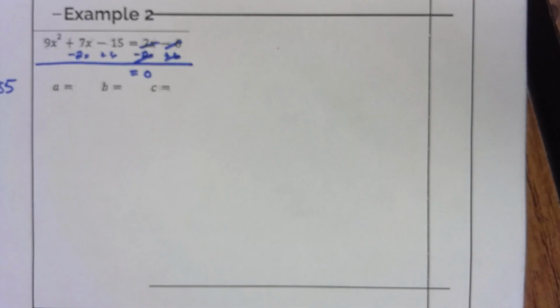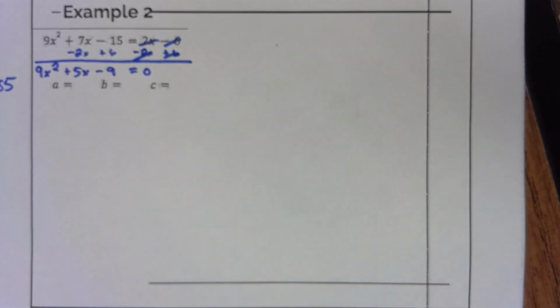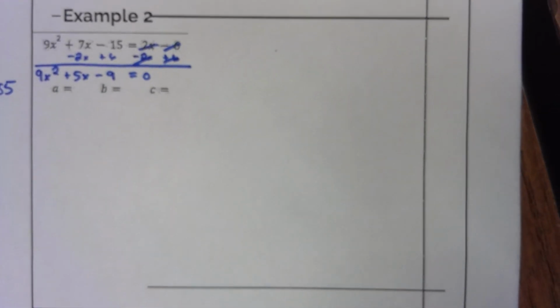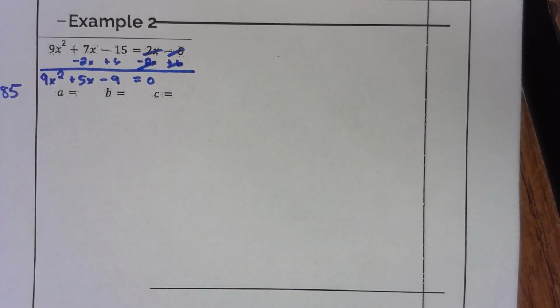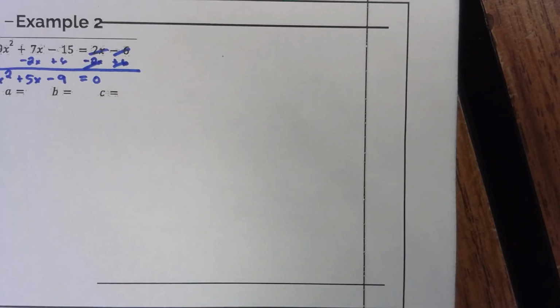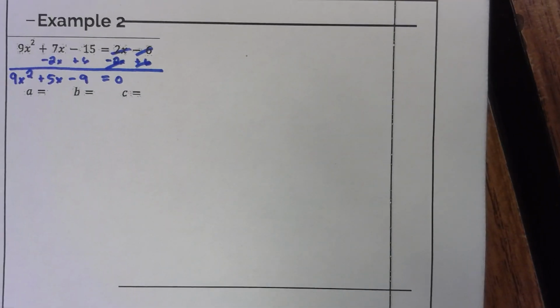All of this cancels. The left side becomes 9x squared plus 5x and then minus 9. So I've got one side equal to 0. And again, my task is to be able to solve this quadratic or find the x values that make y equal to 0.